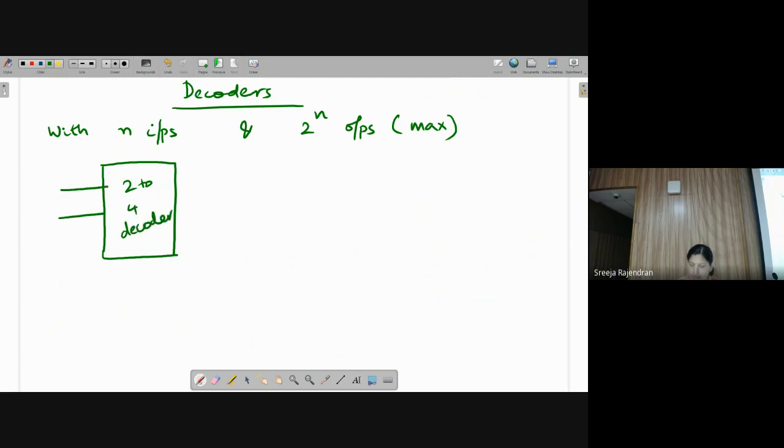2 to 4 decoder means I have 2 input lines and a total of 4 output lines. Here we do not have select lines, but we will have another pin which we call enable, which I will discuss.